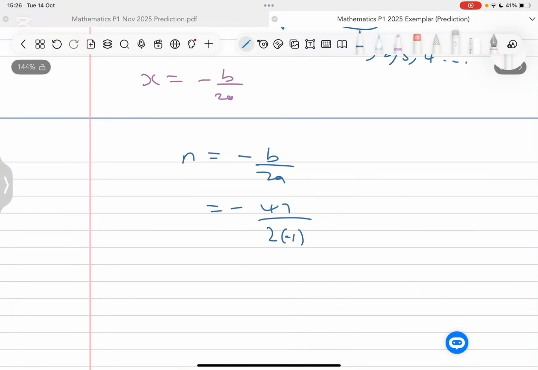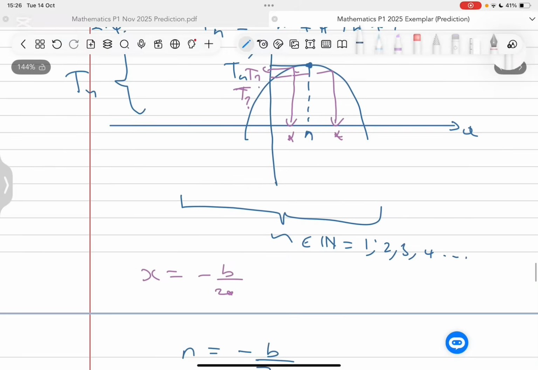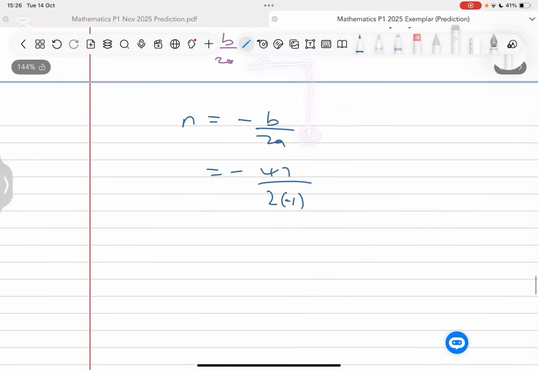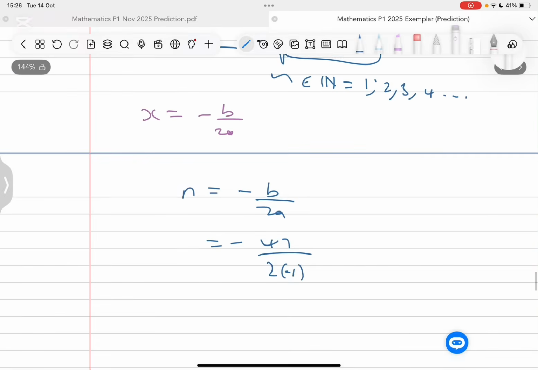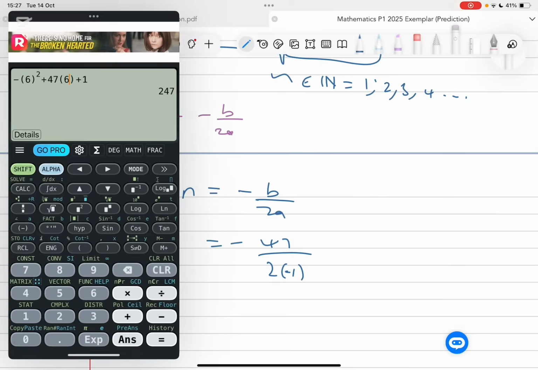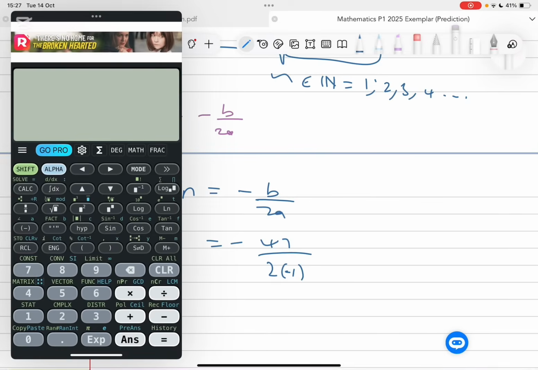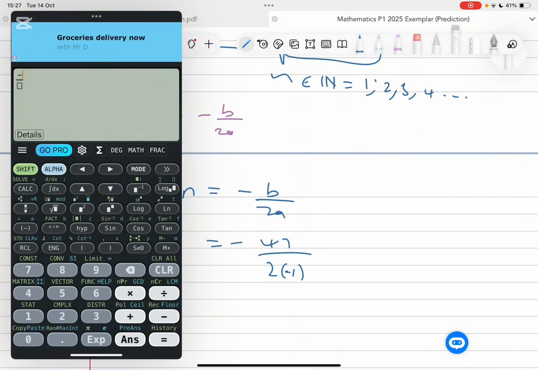By doing so, I'm going to get the number of terms at the maximum point, and later I can answer my question. I can press this on a calculator: negative 47 over 2 times negative 1.